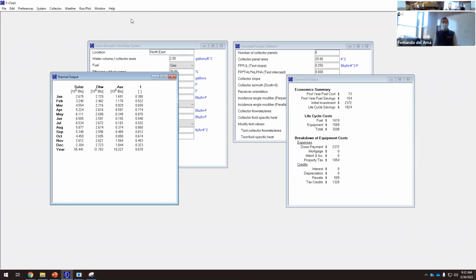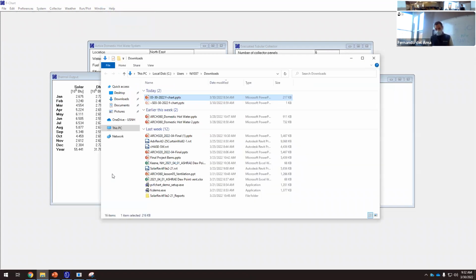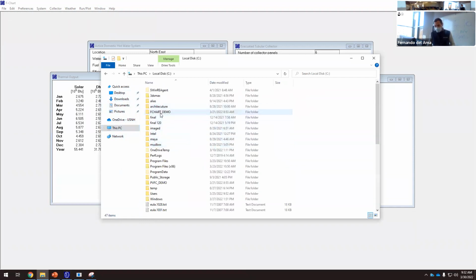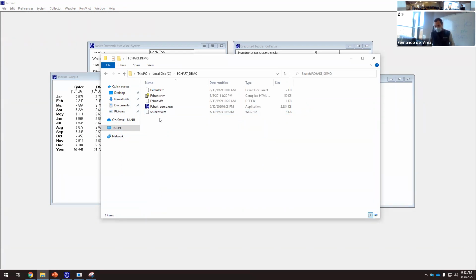Nope. In my computer, in my office, I could do it. So I don't know what's wrong with this. Probably, is it the manual here? This F chart, it's not.